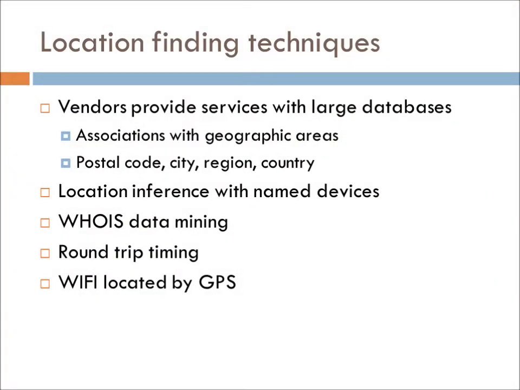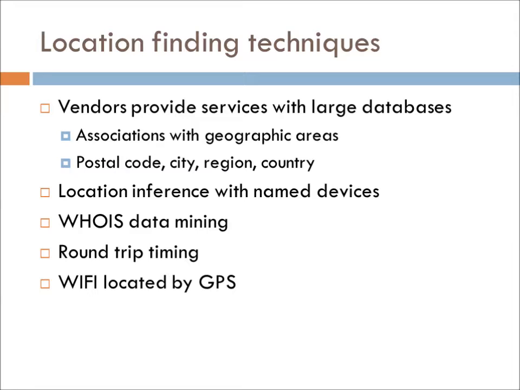However, there are still methods that we can use to identify the physical location of a network device, like a computer. I'll identify four different ways of finding a physical location of one of these devices today. We'll look at using inference by named devices through the process of a network operation.